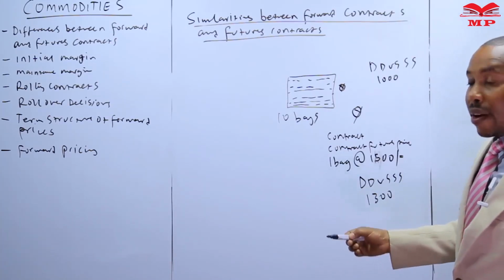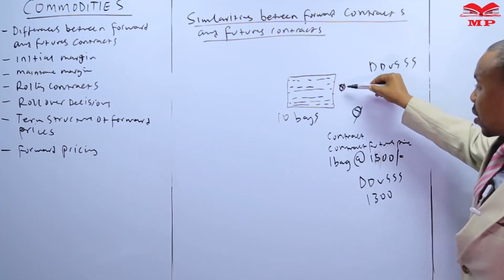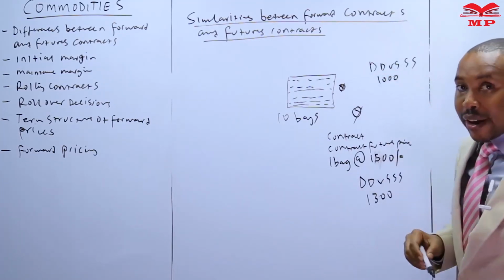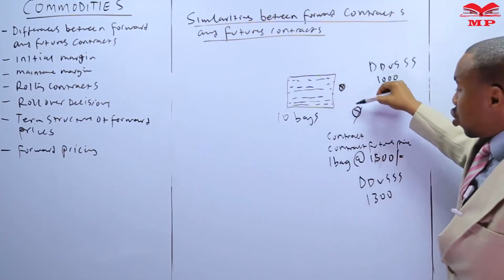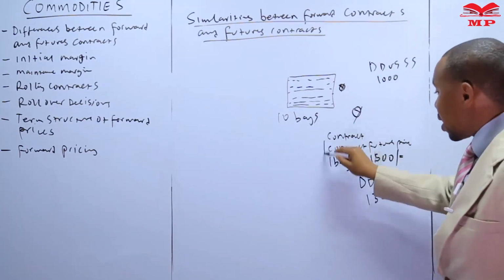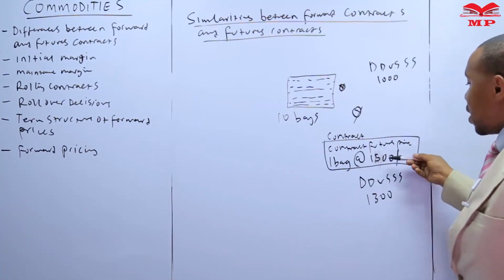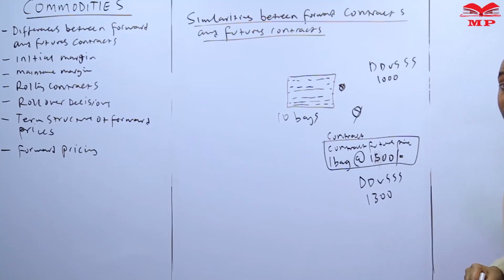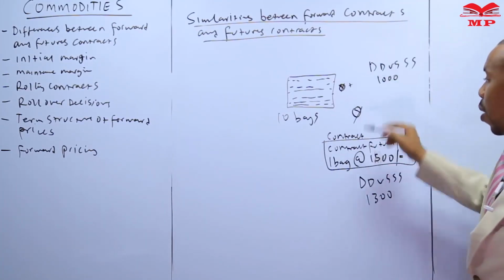What would happen when X has to sell to Y? At what price will X sell to Y? X will have to sell those 10 bags of maize to Y at the contract price of 1,500, even if it is 1,300. That means X will receive some benefit, and Y will lose out.